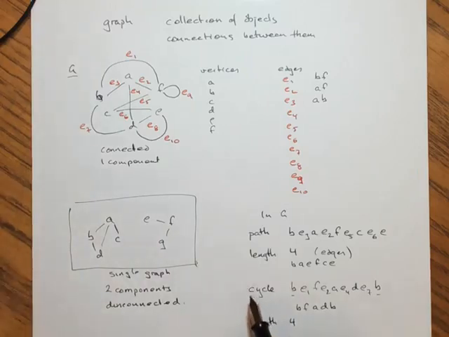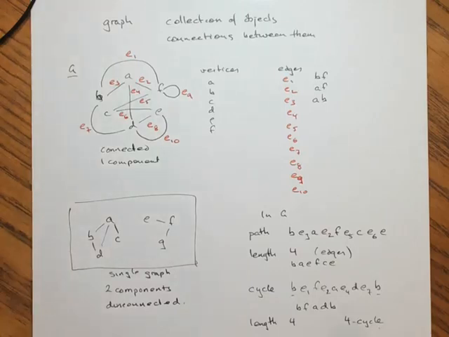If it's got 4 edges in it, we can call this a 4 cycle. Calling it a 4 cycle simply says it's a cycle and it has 4 edges in it.